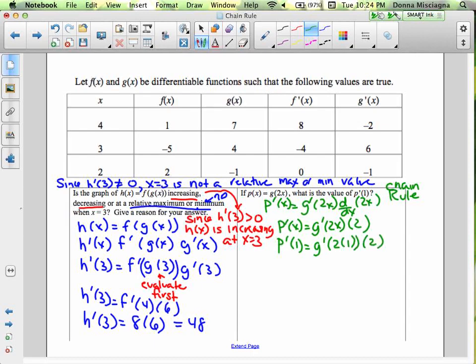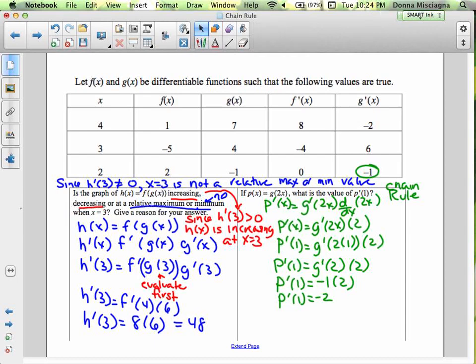All right, so that's g prime of 2 times 2. G prime of 2, oh, here it is. It's right there, it's negative 1. So p prime of 1 is negative 1 times 2, which is negative 2. Okay?